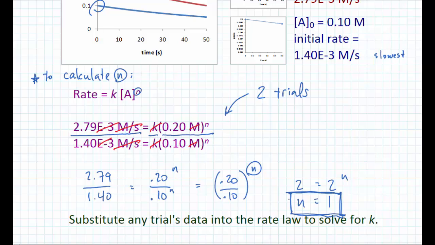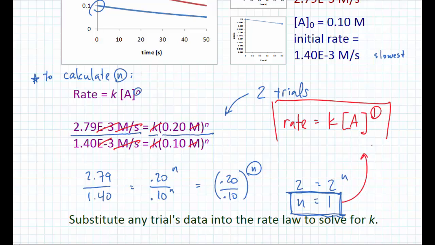Okay, so that tells us that rate equals k, concentration of A, to the 1 power. What do we call that? First order.